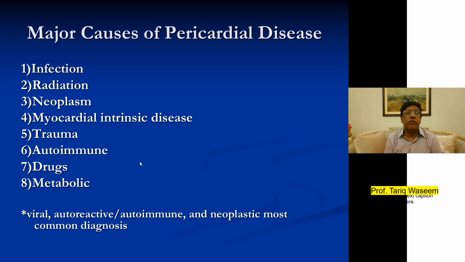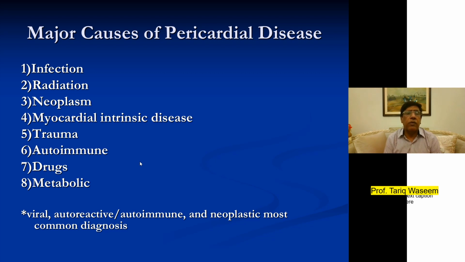It may not be very significant, but sometimes this may be very prominent and may lead to development of significant fluid and effusion as well. So myocardial intrinsic disease like acute myocardial infarction can also be one reason for developing pericardial effusion or pericarditis during an early phase of myocardial infarction.